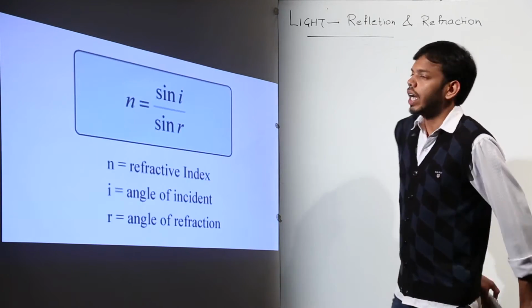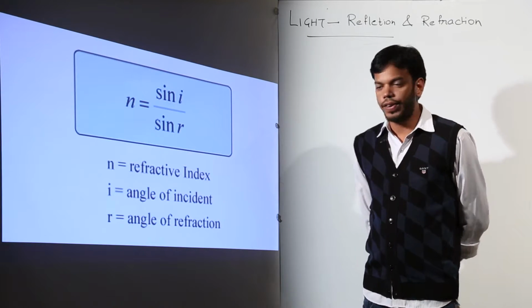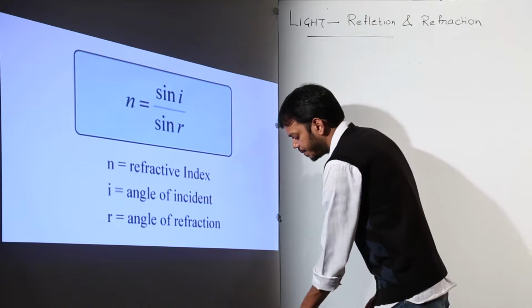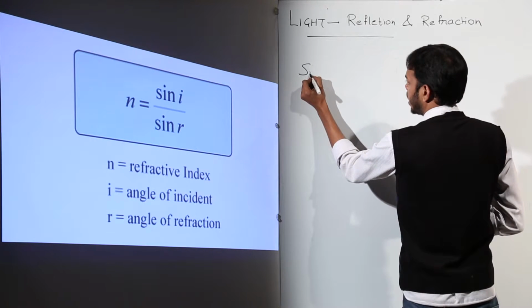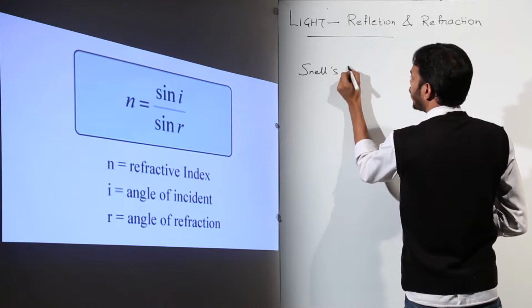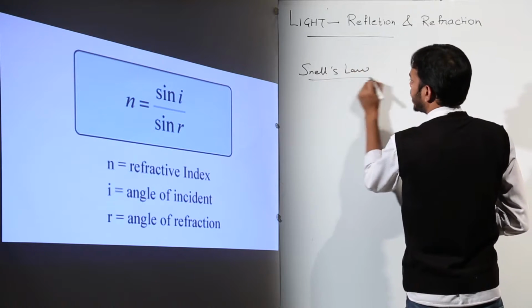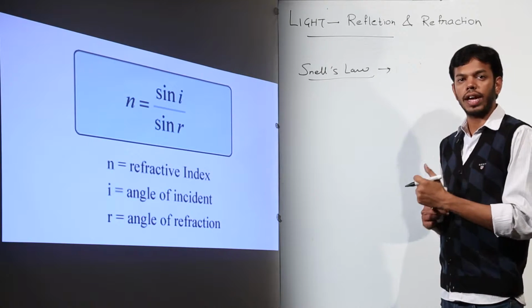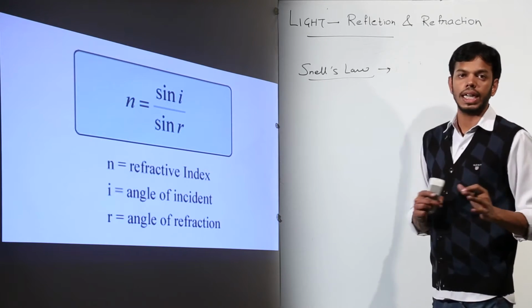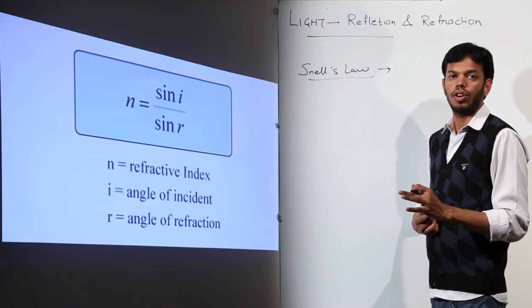Now, this is called the refractive index. This was given by Snell's law. The laws of refraction stated that the ratio of the sine of the angle of incidence to the sine of the angle of refraction is a constant, but they did not give us the name of that constant.